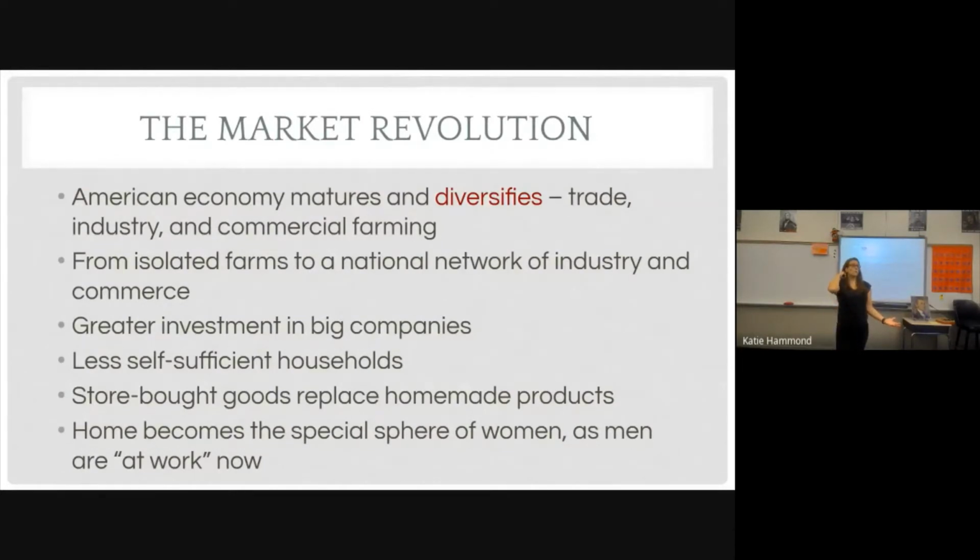So one effect of the market revolution is that men will go work in the factories and women will stay home. Wages do increase, but that's not saying much. A lot of women don't work, and the men will work because they're getting constant wages.